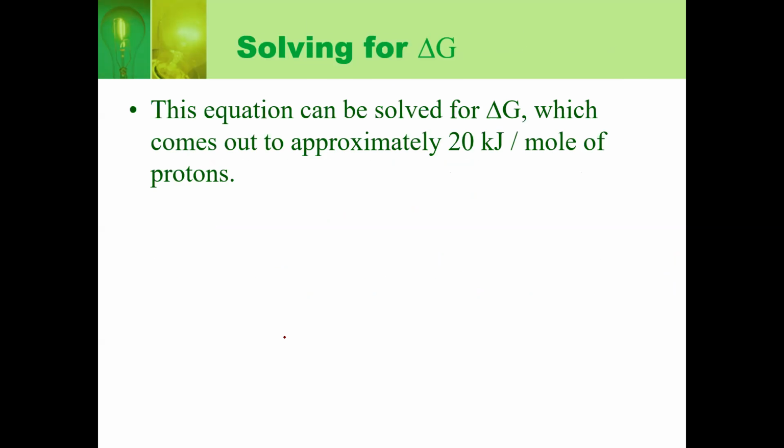And so if we solve for delta G, we get about 20 kilojoules per mole of protons. Lots and lots of potential to do work there. So for every mole of protons, your delta G is minus 20 kilojoules per mole.